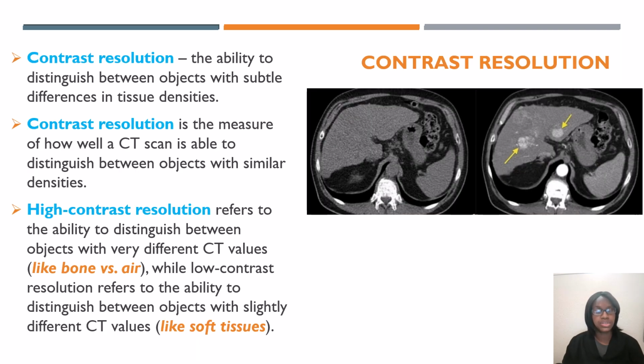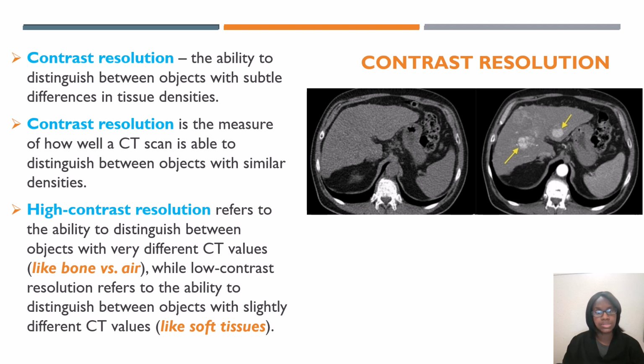Now we have contrast resolution. Contrast resolution is the ability to distinguish between objects with differences in tissue densities. Contrast resolution is the measure of how well a CT scan is able to distinguish between those objects with similar densities.